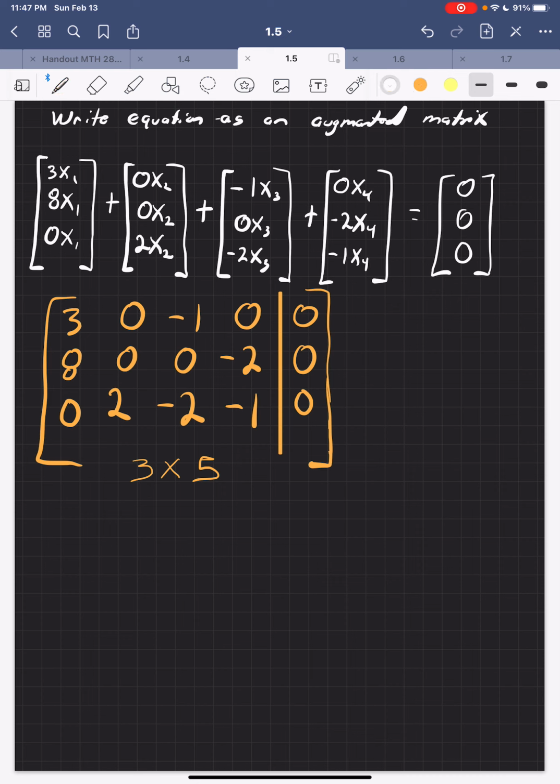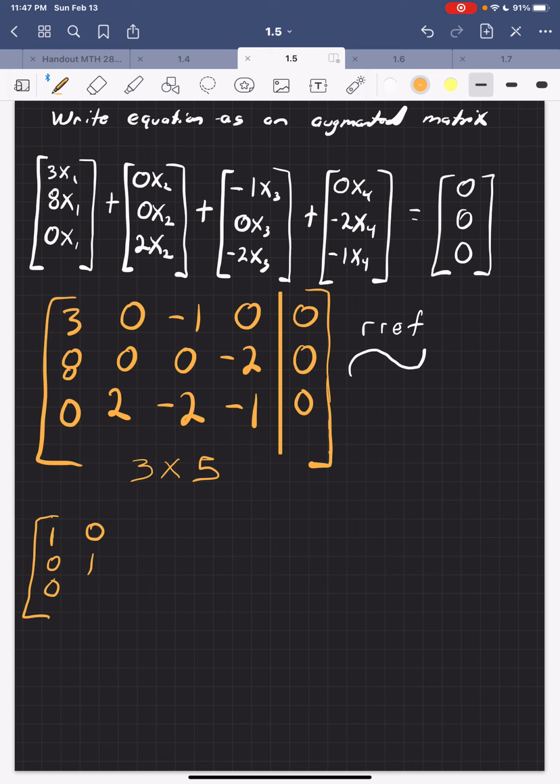So when in doubt in calculus class, take a derivative. When in doubt in a linear algebra class, RREF, right? Row reduced echelon form. At that point, this is what our matrix is going to look like. Let's assume that we've already let our calculator do all that row reduction.